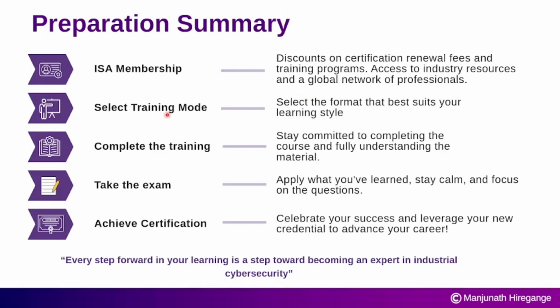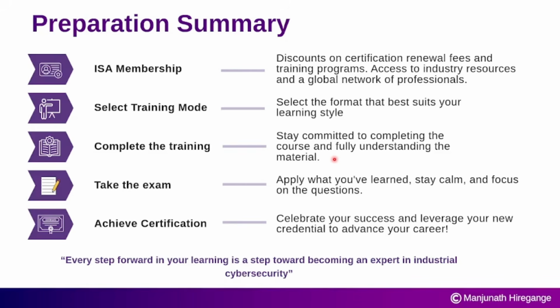Next, select a training mode from the four: classroom session, virtual, or self-paced modular. Once you choose, stay committed to complete the course and fully understand the material. As I said, first you complete the training, get the completion certificate, and send it to ISA. ISA will send you the exam code.